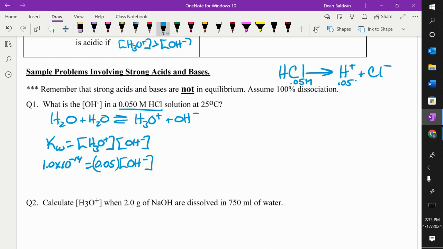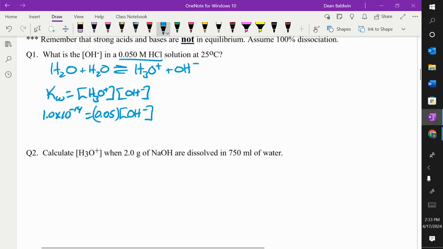So what's the concentration of OH minus? Just divide it off. So we get 2.0 times 10 to the minus 13 equals the concentration of OH minus.